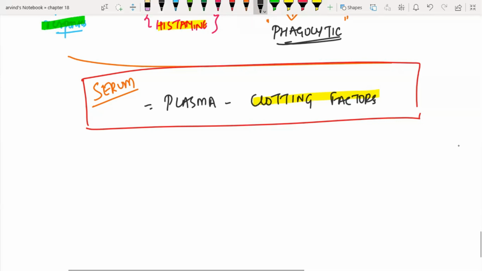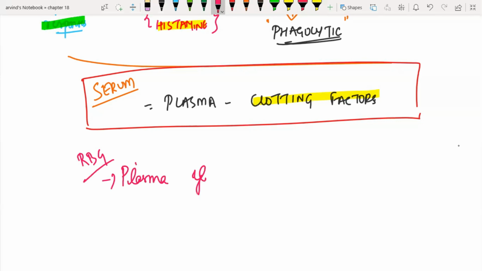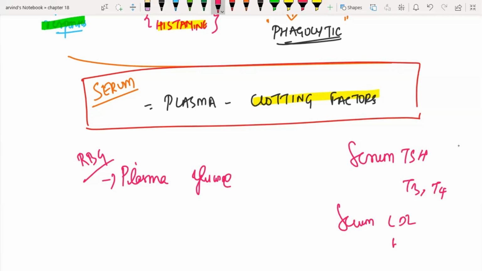Now, if you try to get a blood report of your father or mother or grandparents later, they would have done tests like random blood glucose levels. There they would have taken the plasma glucose value. But if any of your family members is a thyroid patient, serum TSH, serum T3, T4, or if a family member has cholesterol, serum LDL level, serum HDL level.